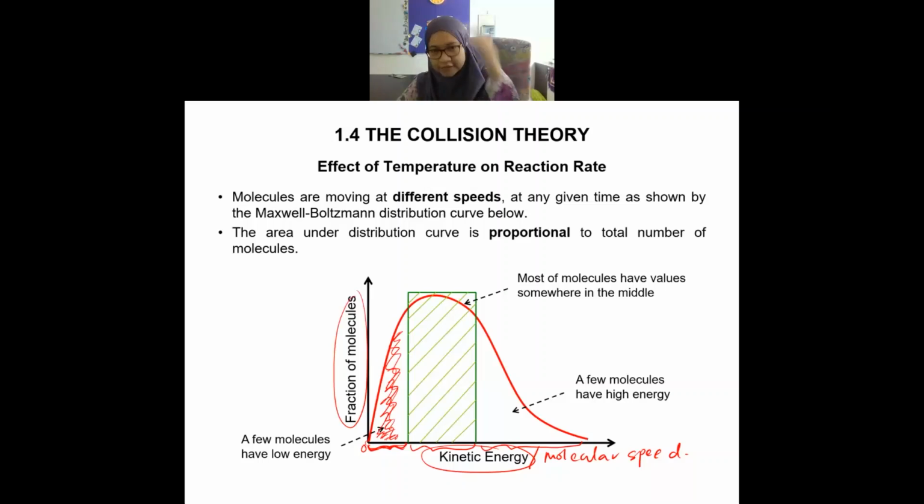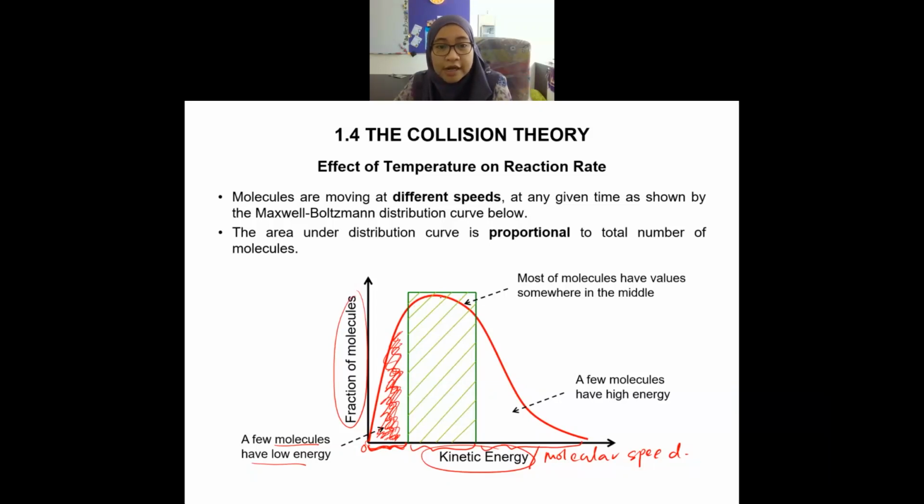We will look at examples from textbooks later. So just to highlight here, a few molecules have low energy. That means we have only a small fraction of molecules having lower energy.